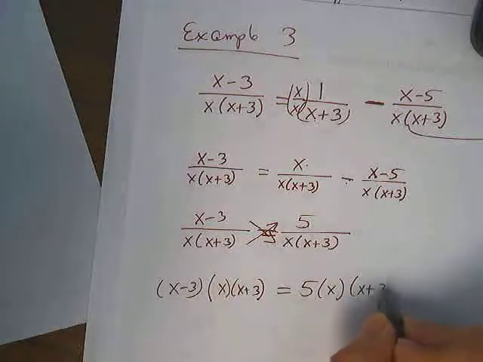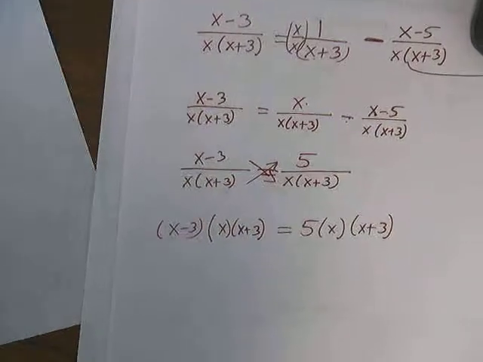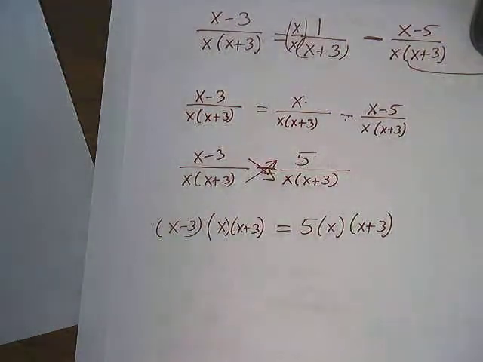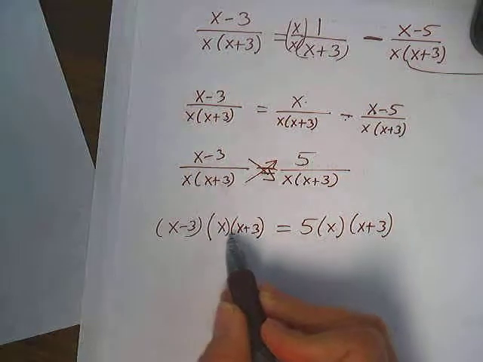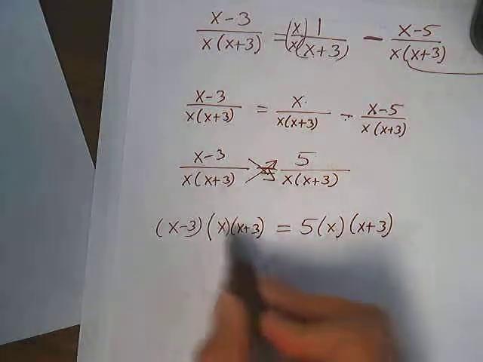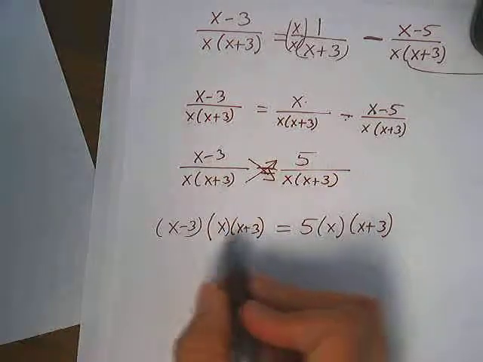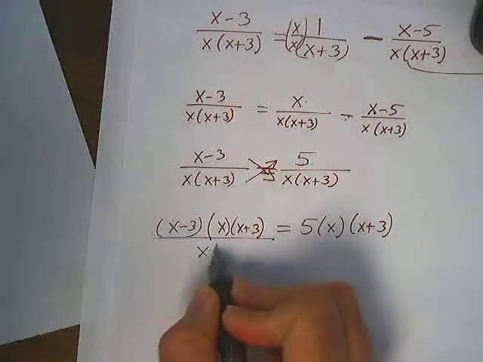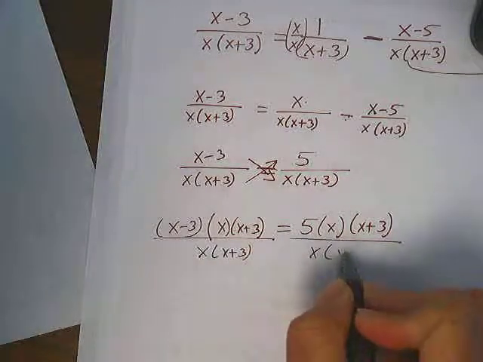Do I have anything the same on both sides? Looks like I have an x and an x plus 3. These are both multiplied, so I'm going to divide both sides by x times x plus 3. And look what happens here. Cancels, cancels.